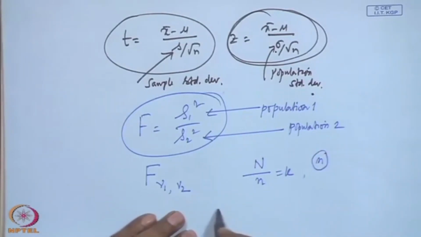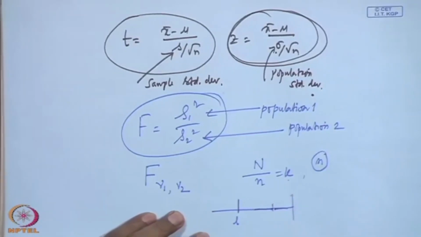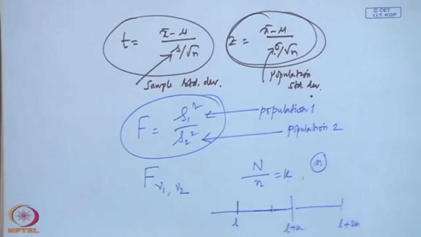So, what you will do, from the first k observations you pick a starting point L, then you go on adding k: the second observation will be the L plus kth item, then the L plus 2k item, that way you will collect the n sample.